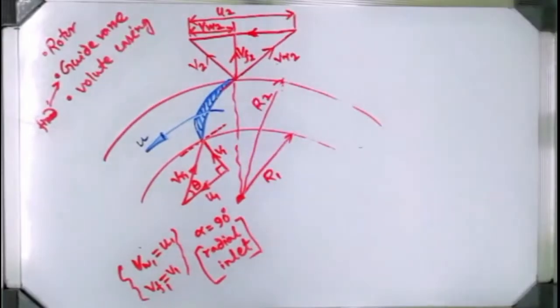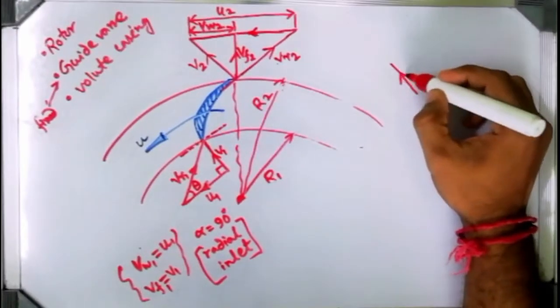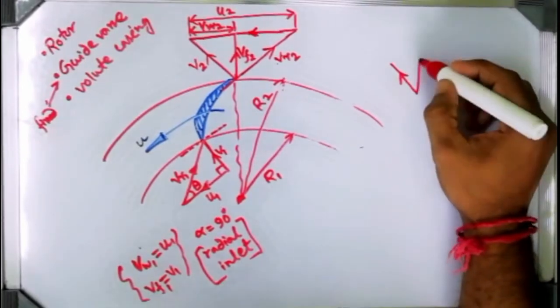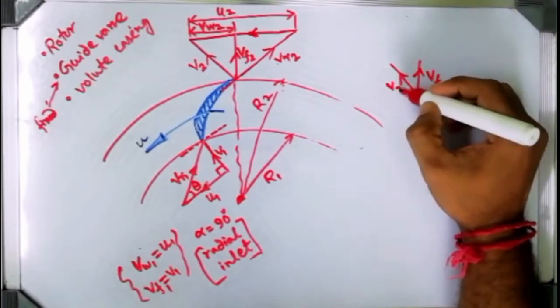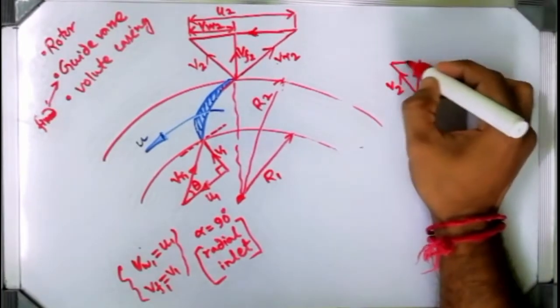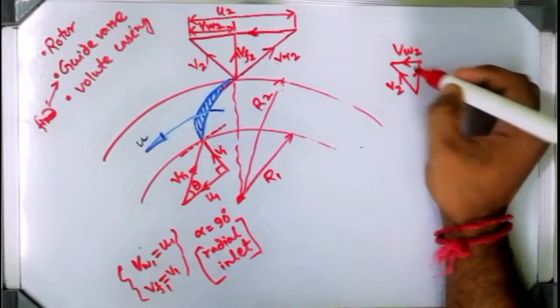which is known as vw2. See, v2, we all know, if it is moving in this direction, then one component will be in this direction, which is known as vf2, and one component will be the wheel component, that will be vw2.